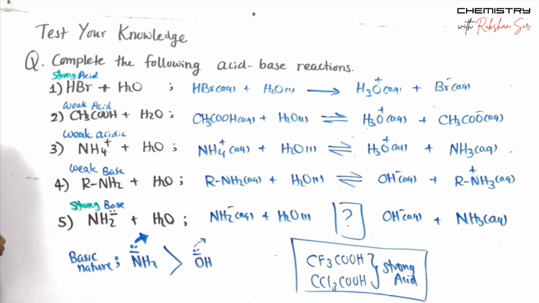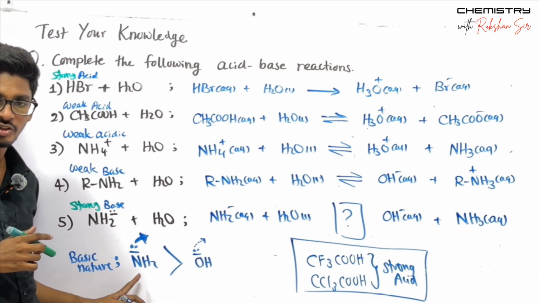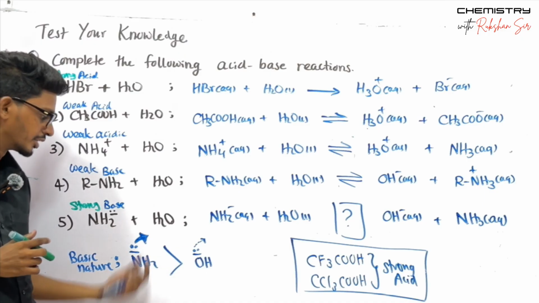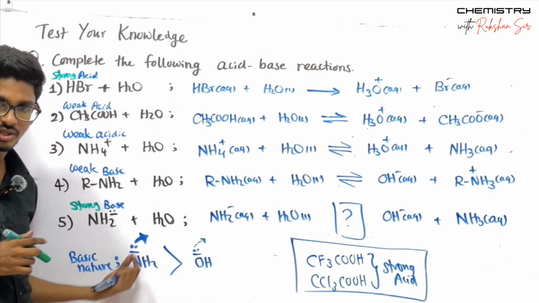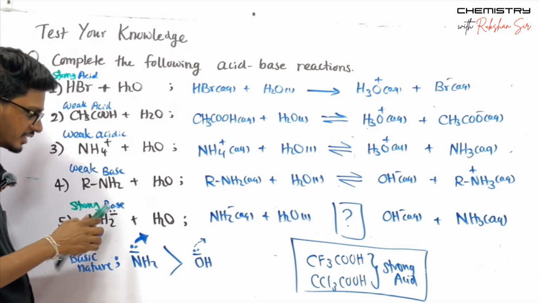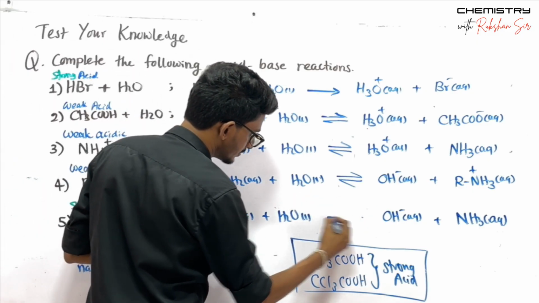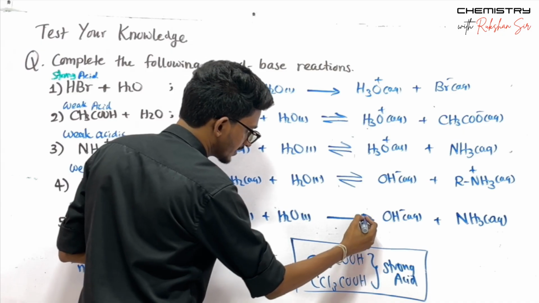It is easy to release the lone pair on nitrogen than the lone pair on oxygen, because nitrogen is less electronegative than oxygen. Easy to release the lone pair. So NH2 minus is a strong base, so it should appear as a straight arrow reaction, totally consumed to produce the OH minus and the conjugate acid.